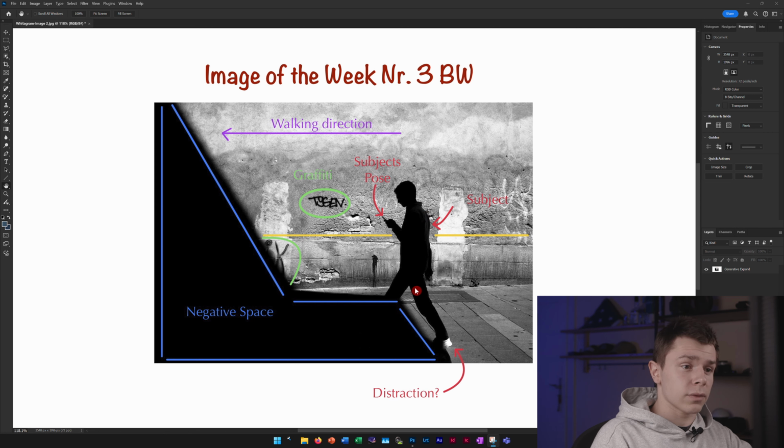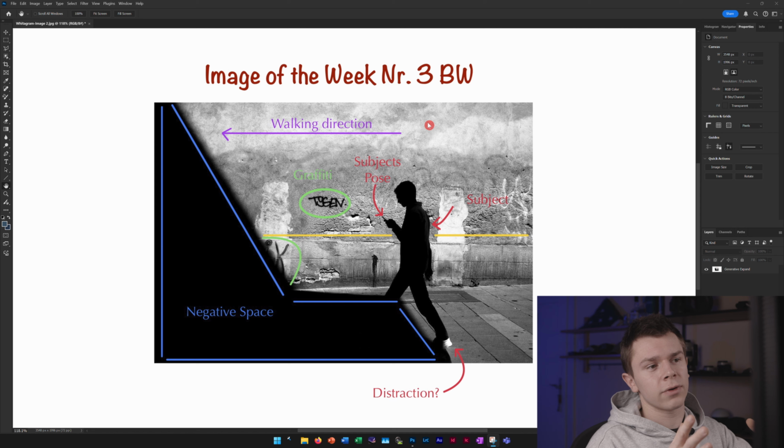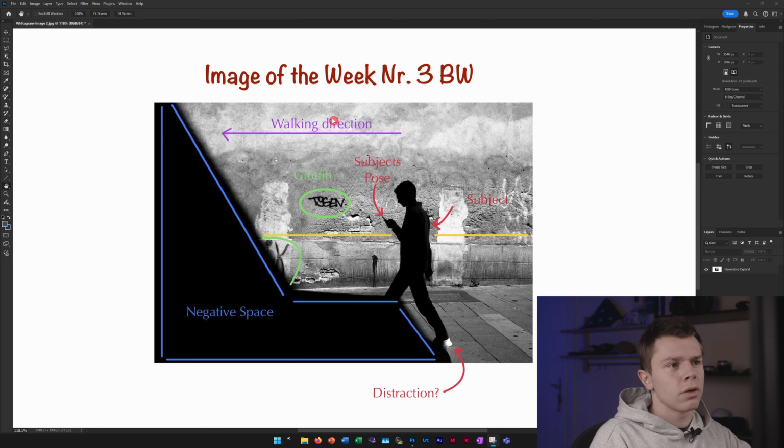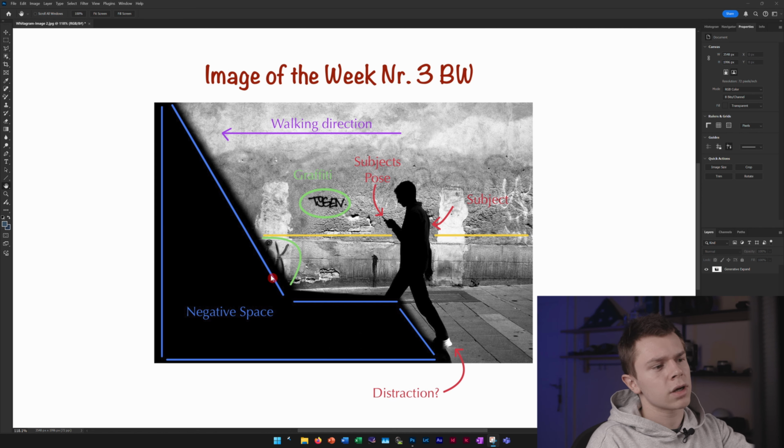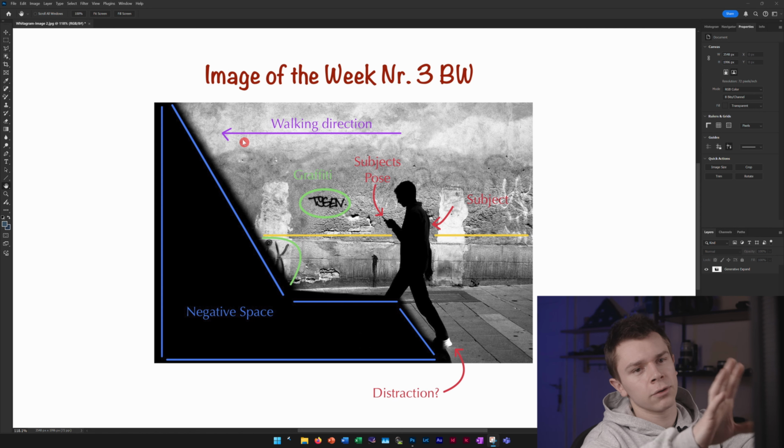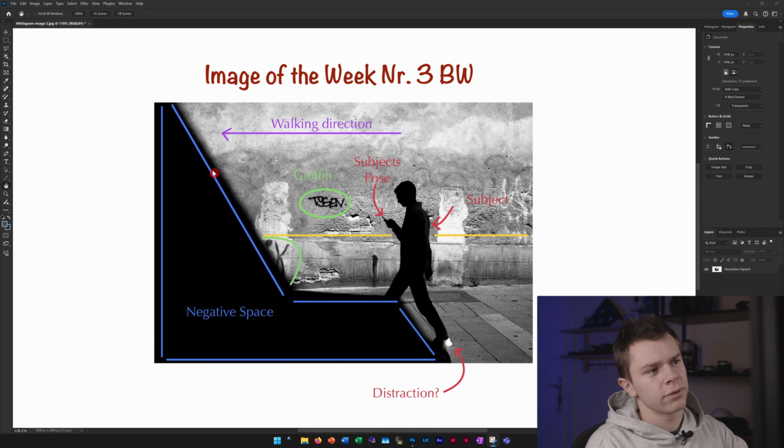And otherwise, I gave the image itself quite a lot of headroom, as you might see. Because you have this big negative space on the left, but also if you ignore all my writing on the image, you have a big amount of negative space behind the subject.